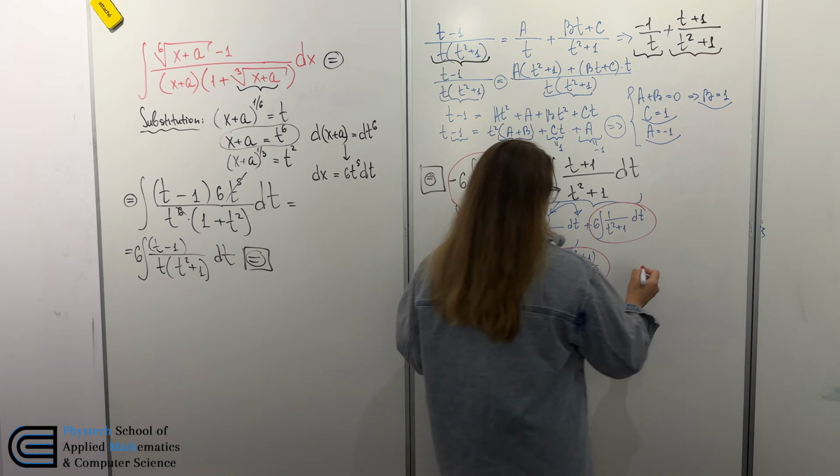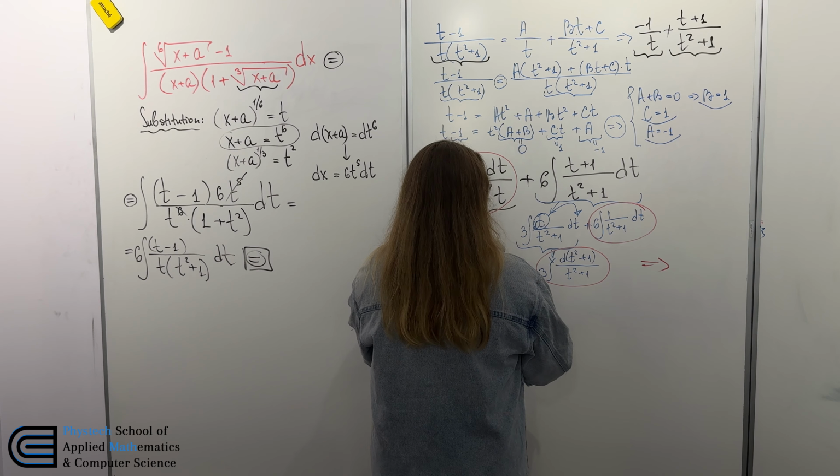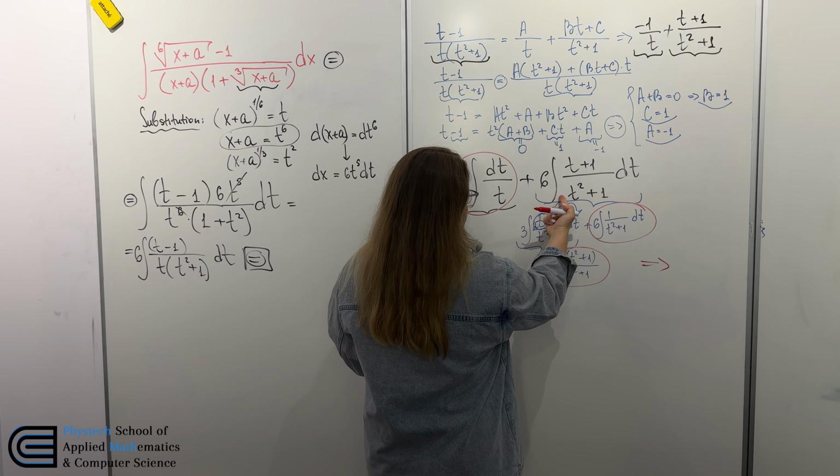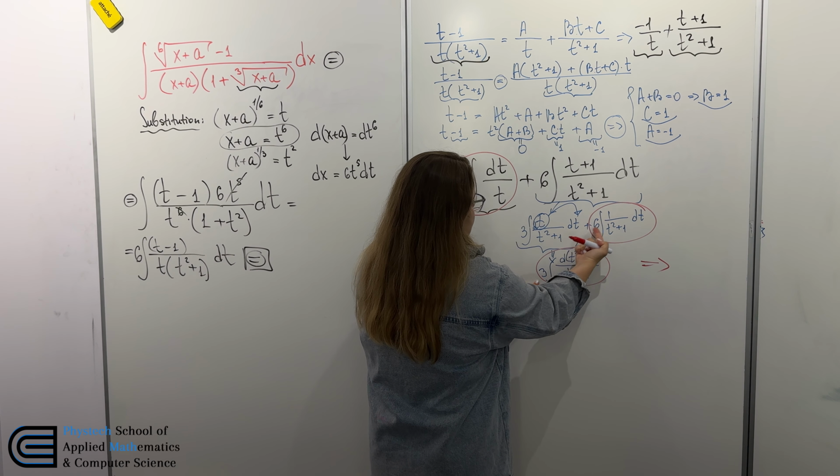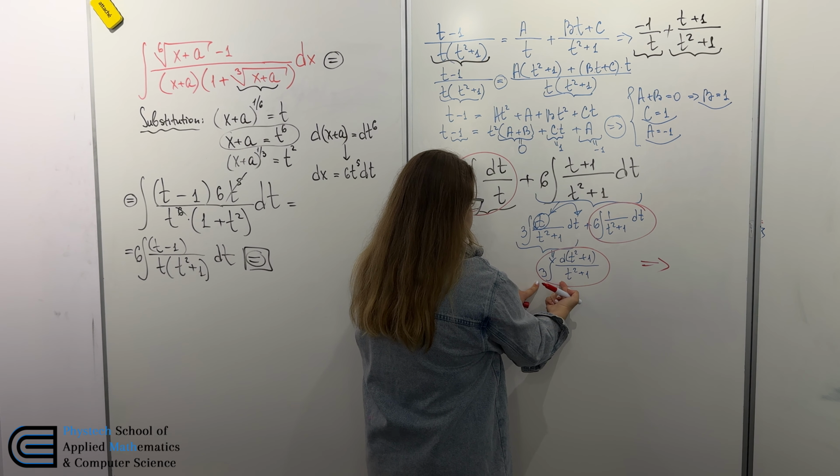Minus 6 logarithm of the absolute value of t, plus, from here we have this one plus this one. This one gives us 3 logarithm of t squared plus 1. Actually, it's a positive number. And then we have this one.